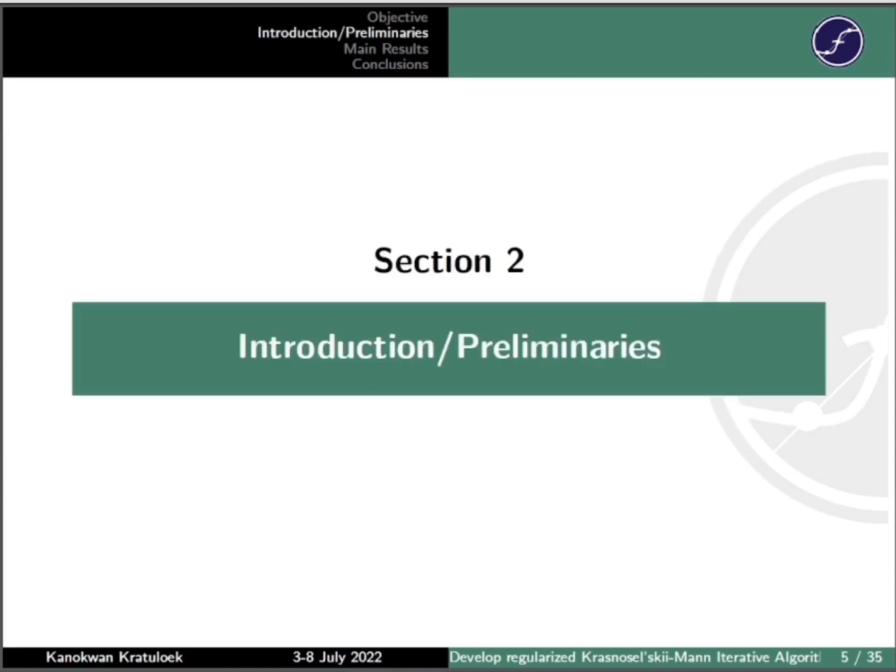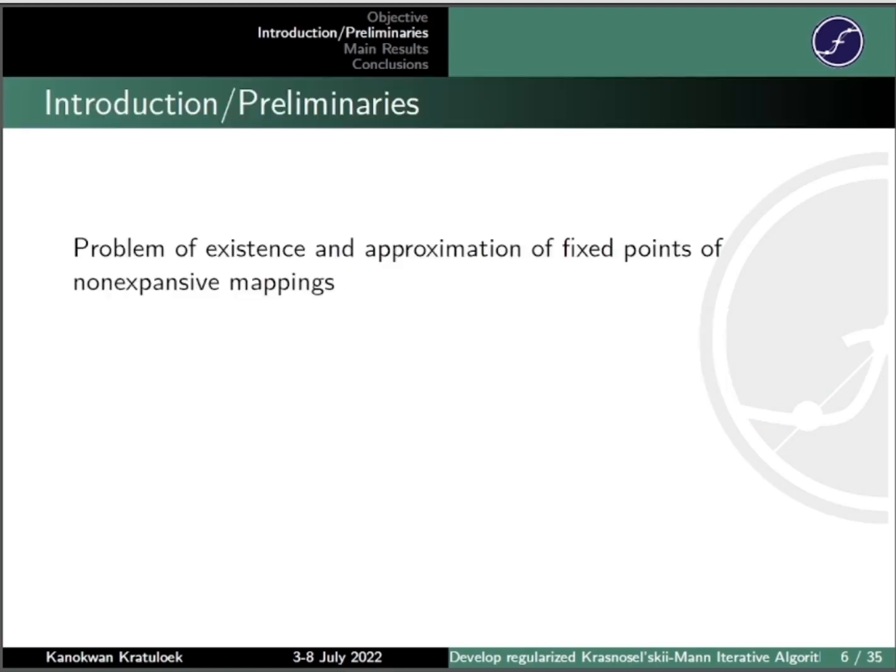Section 2. Introductions and Preliminaries. The problem of existence and approximations of fixed points of non-expansive mappings is important, as it has important applications in various areas of research, and many problems can be regarded as fixed point problems for appropriate non-expansive mappings.